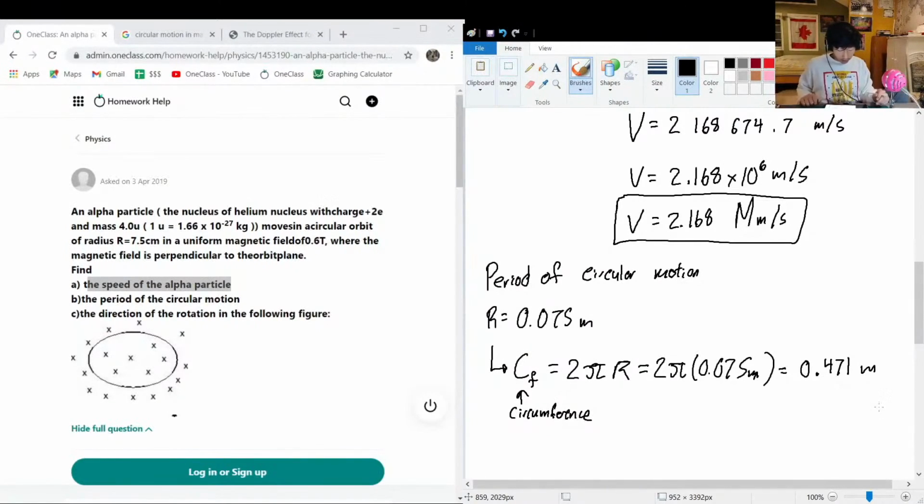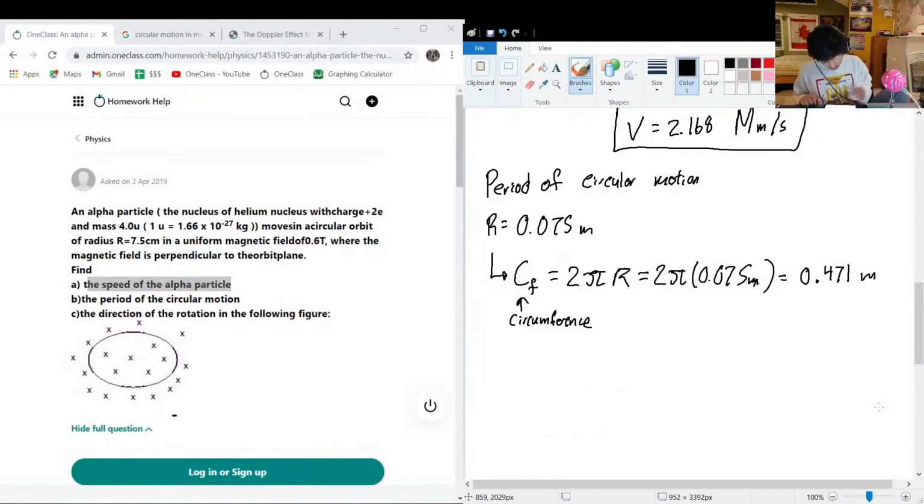Okay, so now if we do circumference divided by velocity, we will get the period. Period is often represented with T because it's the time that it takes for you to do something periodically.